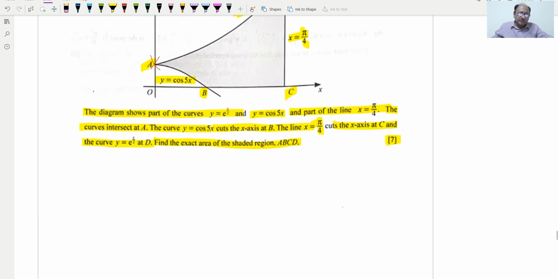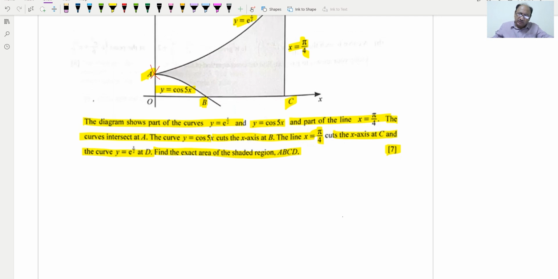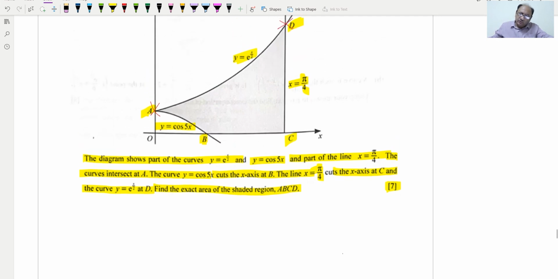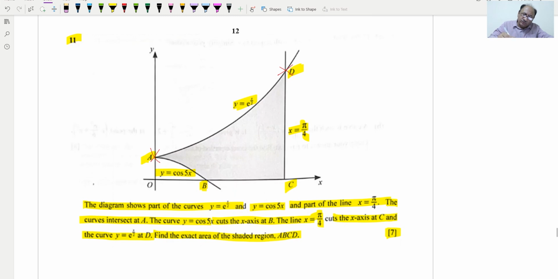So let us start with this one. They are saying x values from 0 to pi by 4. So x is equal to 0 at A, and x is equal to pi by 4 over here.